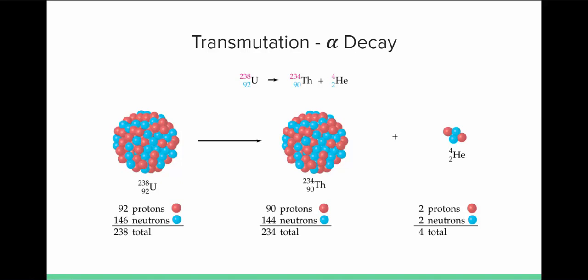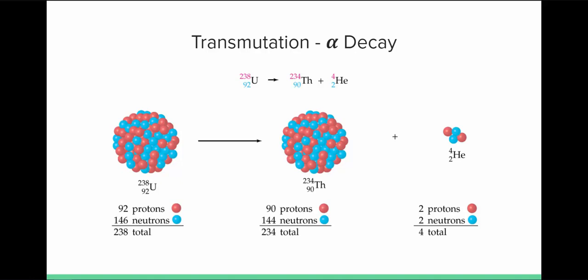Everybody with me? So if we say that it decays, this is the reaction, the arrow here, it decays into something and an alpha particle. An alpha particle is a helium nucleus. That is the definition of an alpha particle. That means it has 2 protons and 2 neutrons, or 2 protons and 4 things in the nucleus. Everybody okay with that? So let's start with the top number, 238. There's 238 things in the uranium nucleus, and the alpha particle has 4 of them.